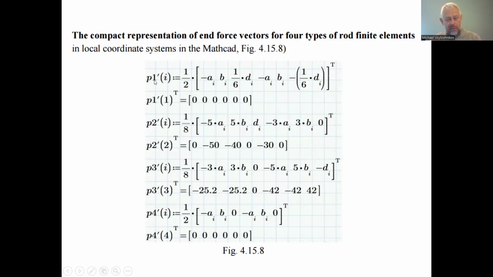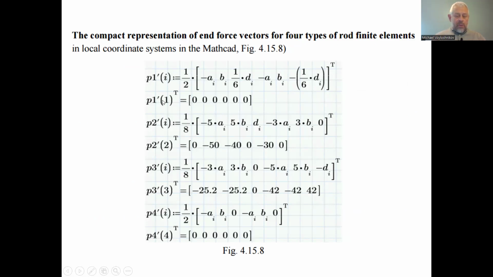The first vector is for the first type, dependent on the data numbered by I, the number of the finite element. And in our case, the first finite element corresponds to the first type, but it could be other.